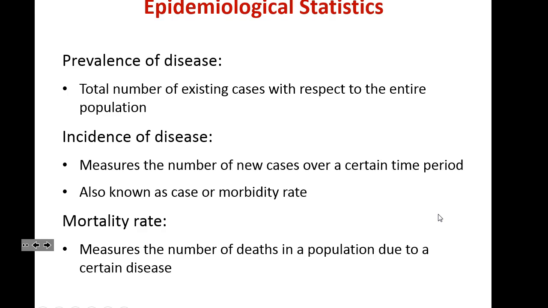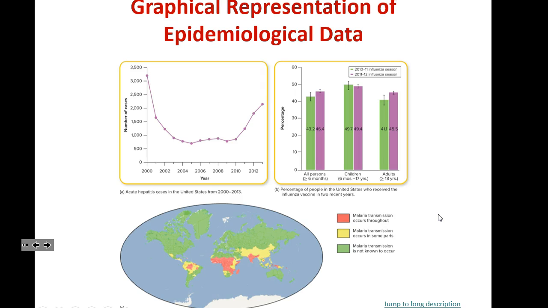Epidemiological statistics deal with the prevalence of disease. That's the total number of existing cases with respect to the entire population. The incidence, the number of new cases over a certain period of time, is also known as the morbidity rate, and the mortality rate. What is mortality?